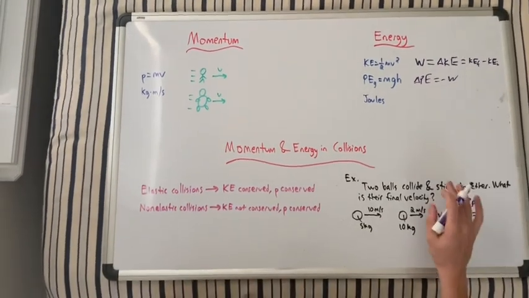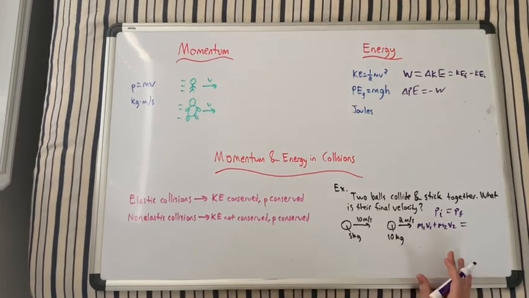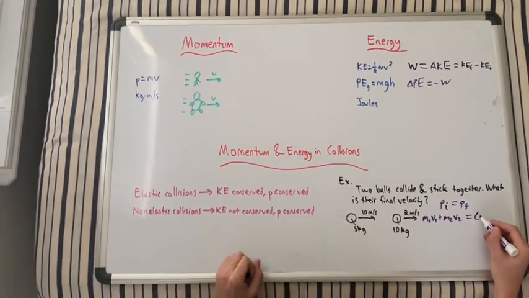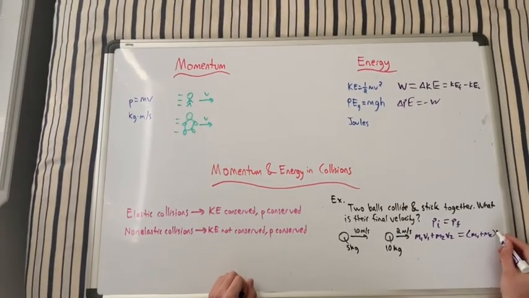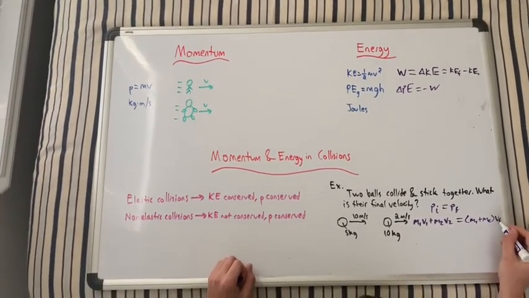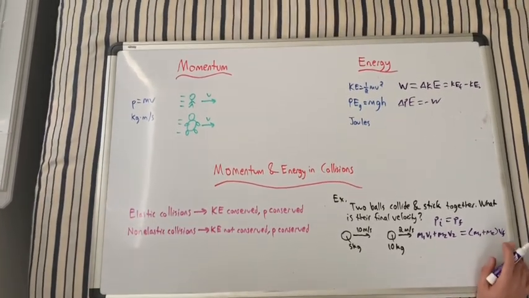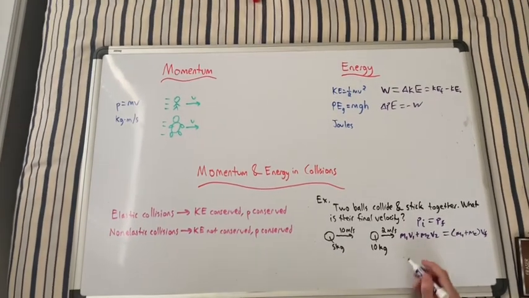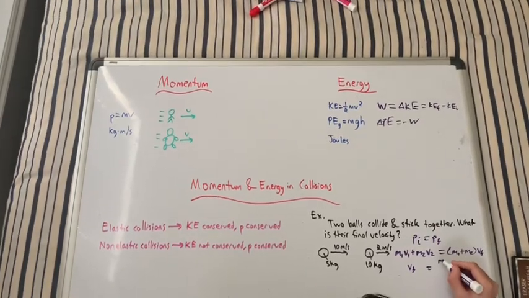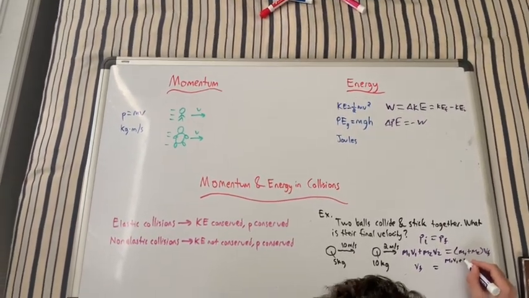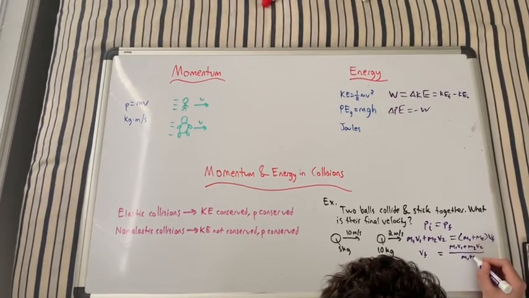In the end, they stick together, so they have a single velocity and their two masses are combined: M1 plus M2 times the final velocity. Now we rearrange for the final velocity, which equals M1 V1 plus M2 V2 over M1 plus M2.